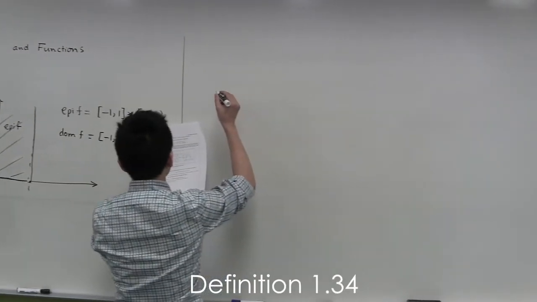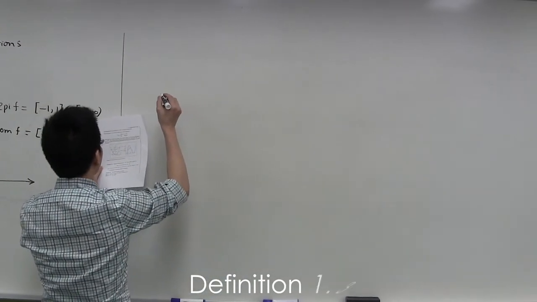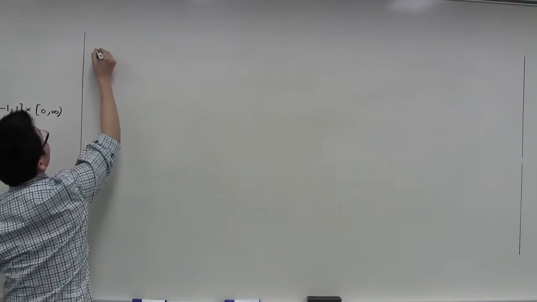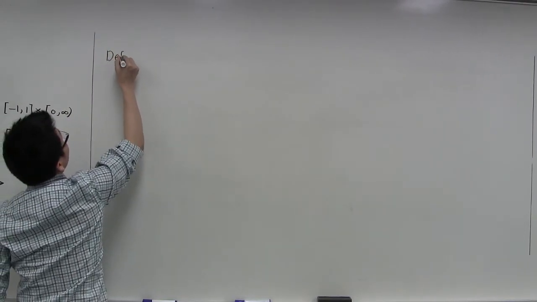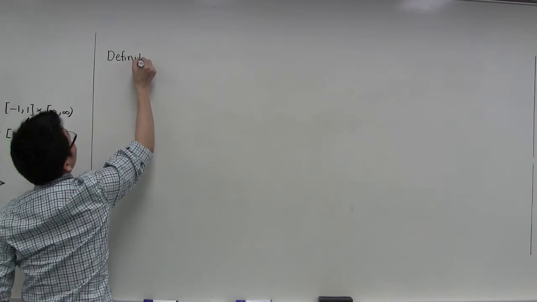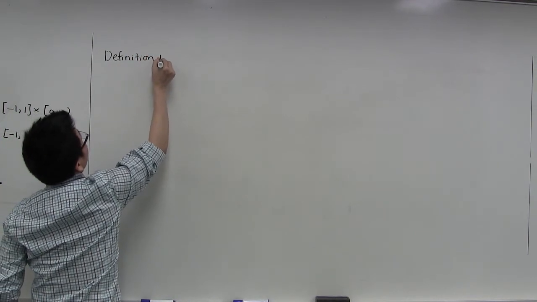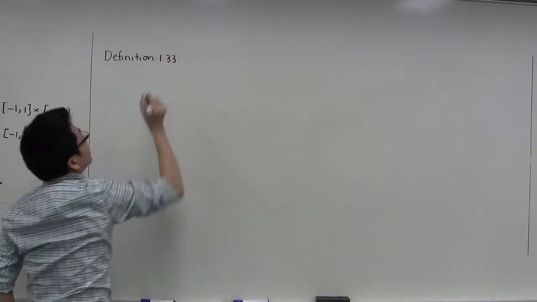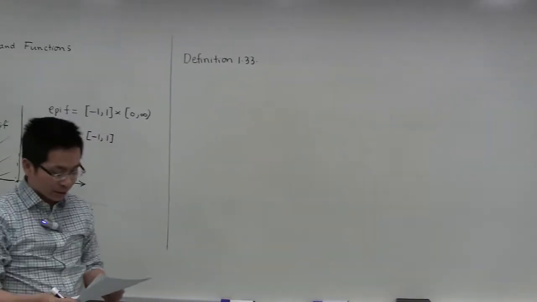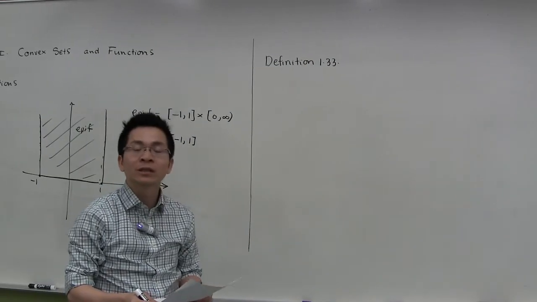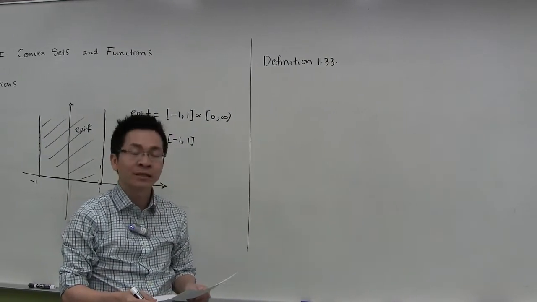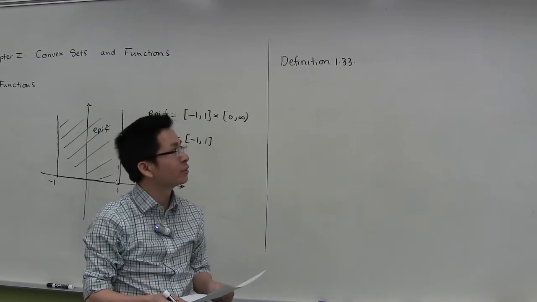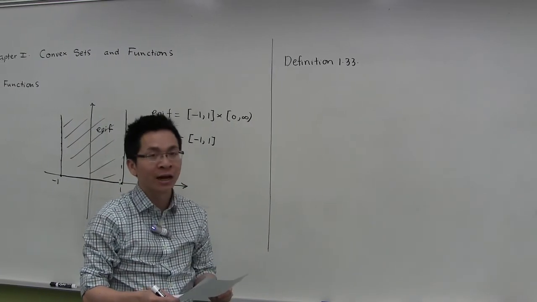Okay. Next, I'm going to talk about some concepts that will be important in what follows. This is definition 1.33 from the textbook. In this definition, I'm going to talk about the domain and the epigraph of an extended real-valued function.